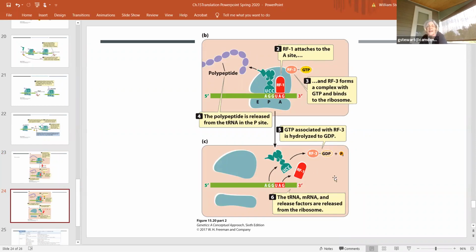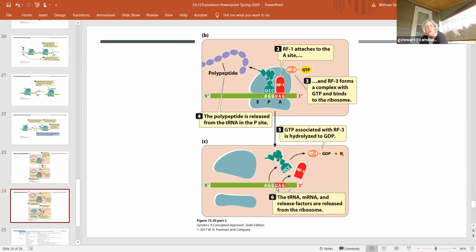And then all of this happens at once. The GTP associated is hydrolyzed. The ribosome is going to come apart, or be dissociated. And release factor 1 here is going to be let go, right? And so is this last transfer RNA that would have been sitting here in the P site.